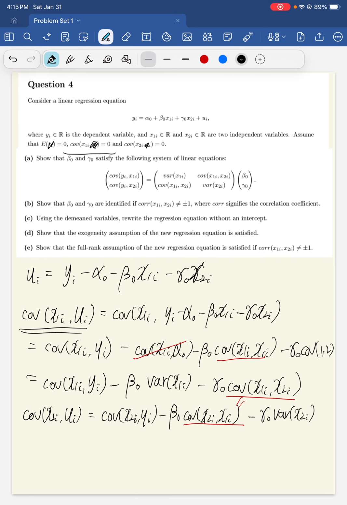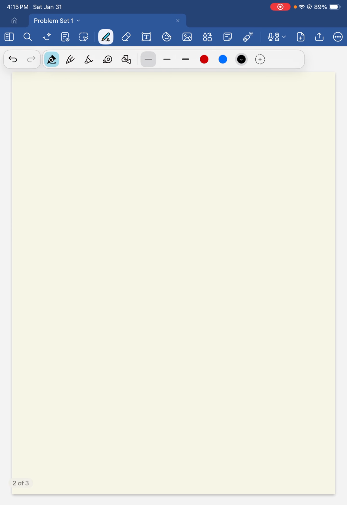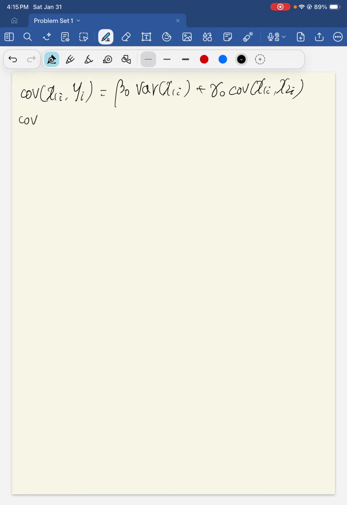So then we have covariance x1i yi equals beta 0 variance x1i plus gamma 0 covariance x1 x2. The second equation is covariance x2 y equals beta 0 covariance x1 x2 plus gamma 0 variance x2.